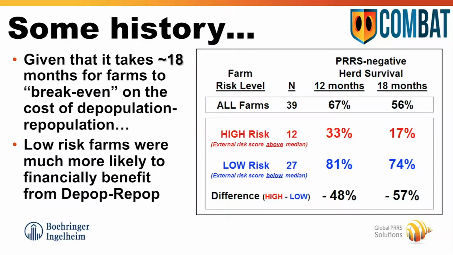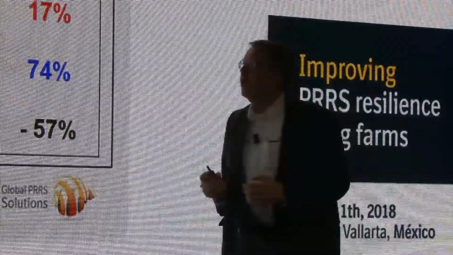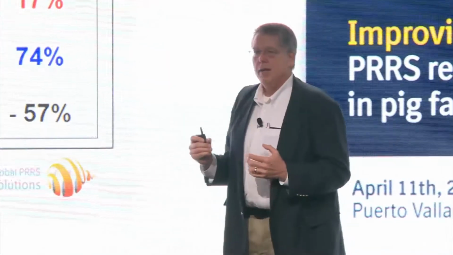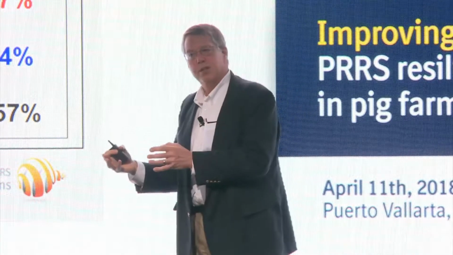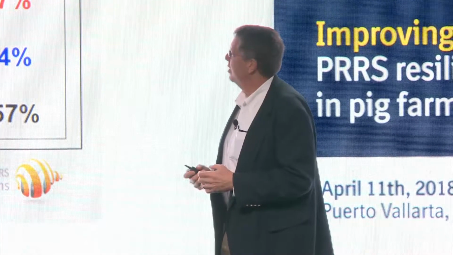Paul had done some work on depop repops, looking at the break-even period for a depop repop to be about 18 months. And so we looked at our data in that context. We said, okay, if it takes 18 months to break even, are you better off being low risk in terms of getting to your break-even point for depop repop versus those that are in the higher risk category?